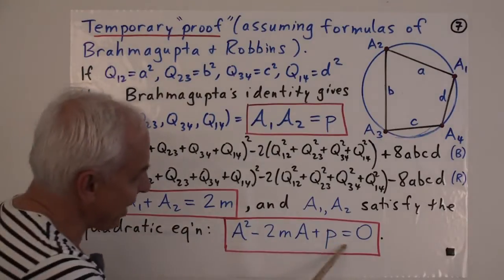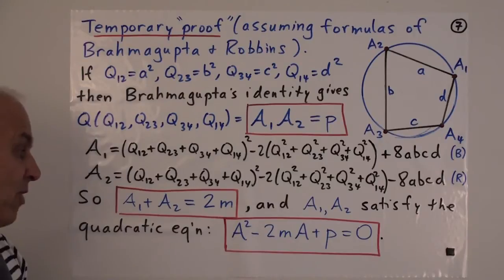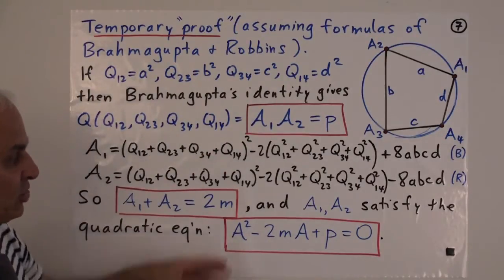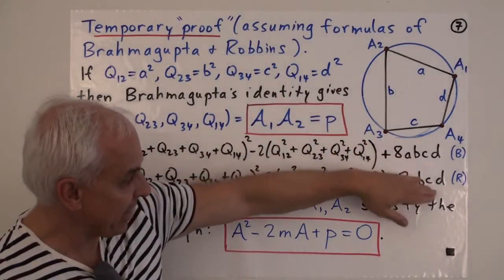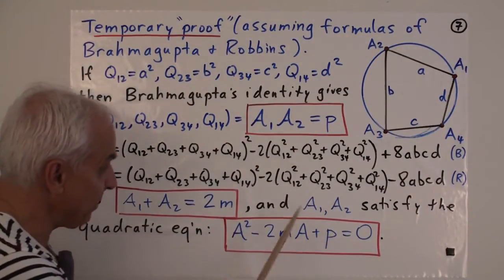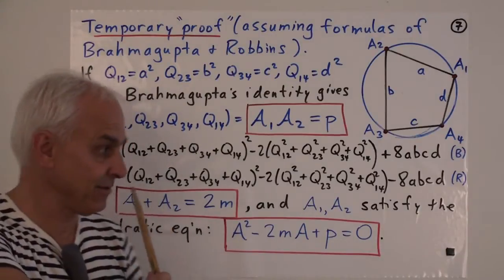So this quadratic equation, which is really the cyclic quadrilateral quadrea theorem, is a way of putting together the Brahmagupta and the Robbins formulas to eliminate any dependence on A, B, C, D. So now these quantities M and P only depend on the Q's and not on the A, B, C, and D's.